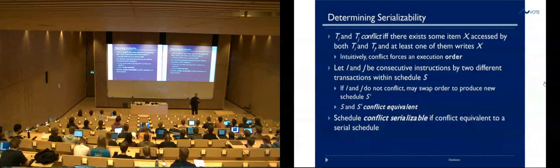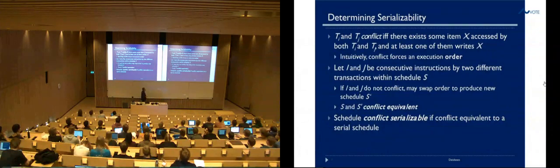The bad thing is to be in conflict and to not know what is really going on, to not know whether it's equivalent to Ti coming first or Tj coming first. As soon as two transactions are in conflict, we have to take care of their order. If they are not in conflict, we can swap them and we don't mind.